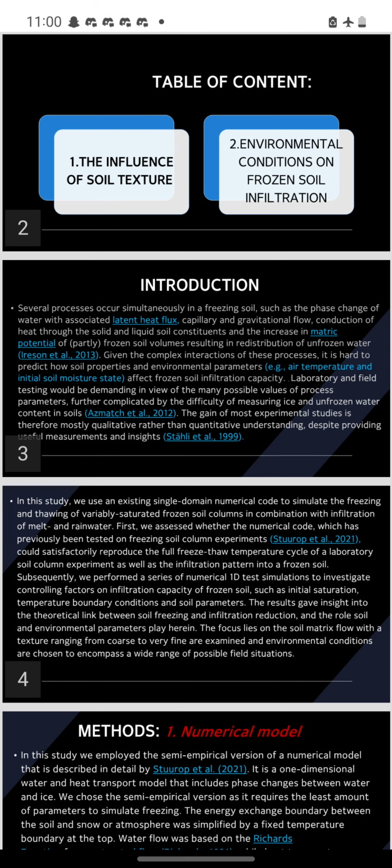Subsequently, we performed a series of numerical one-day tests simultaneously to investigate the controlling factors on infiltration capacity of frozen soil, such as initial saturation, temperature, boundary conditions, and soil parameters.